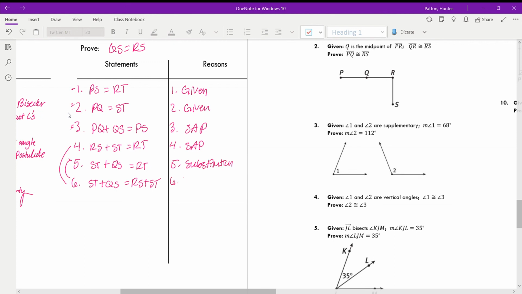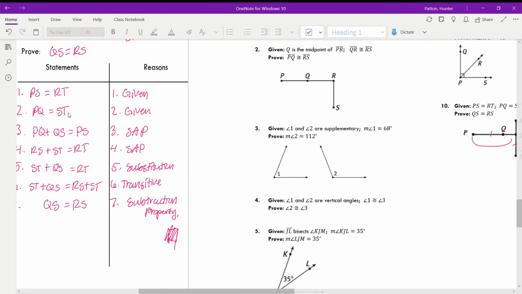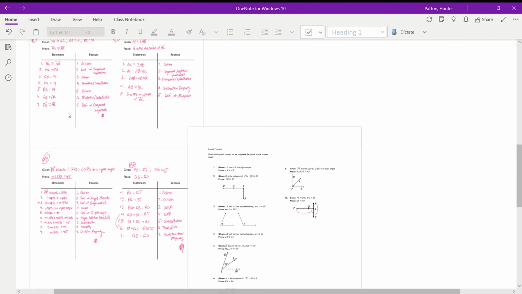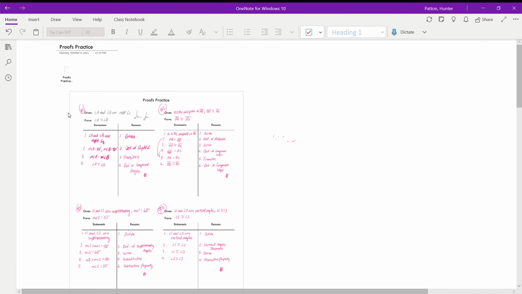Step 6 now is transitive property. Now I'm very close to saying QS is equal to RS. I'm going to subtract those STs from both sides, and I've got that QS is equal to RS by the subtraction property. And that's what we wanted to show, and we're done. Whew, that was fun. 15 minutes of proofs, guys, and I messed up in the middle of it. That's okay.